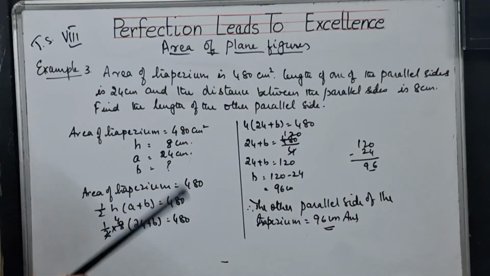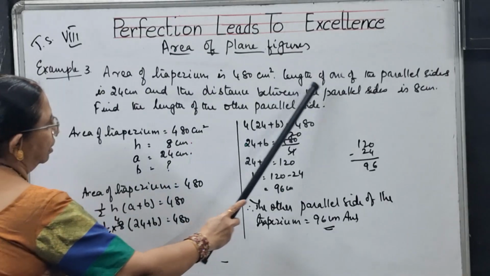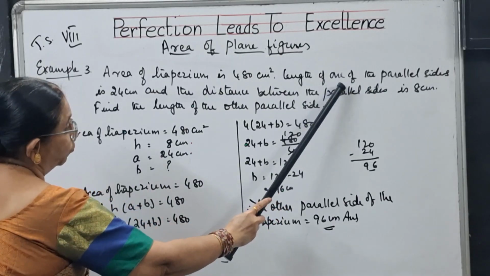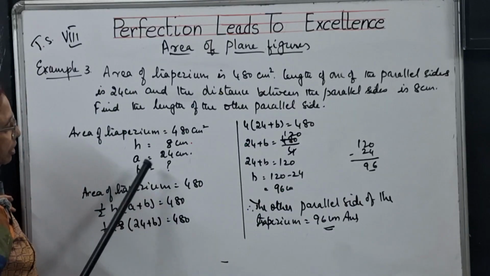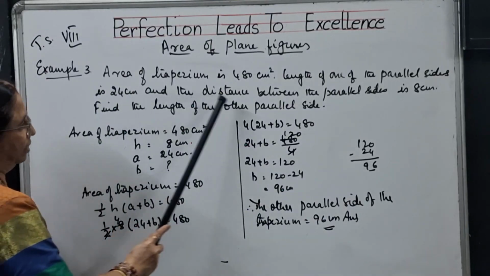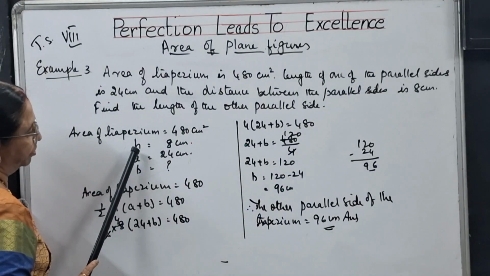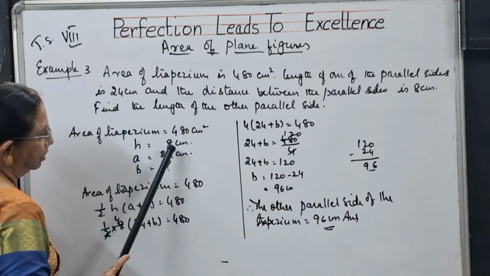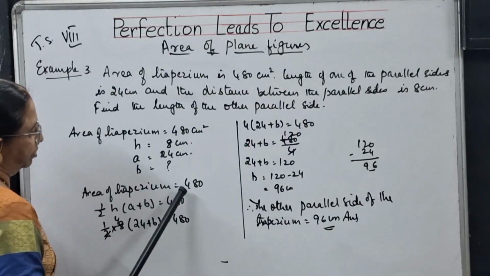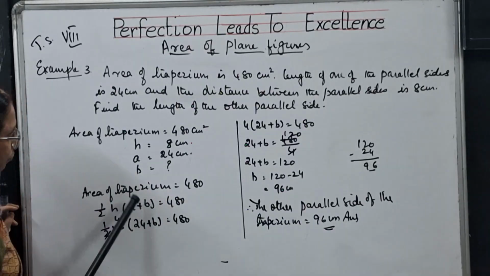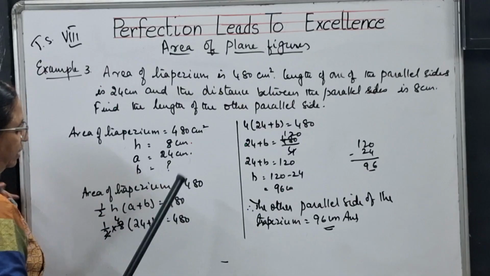Once again, the area of a trapezium is 480 square centimeters. The length of one of the parallel sides is 24. So out of a and b, a is 24. And the distance between the parallel sides is 8 centimeters, which means the height is 8 centimeters. Now what is b? We know the area of the trapezium is 480. The formula is half h into a plus b is 480.